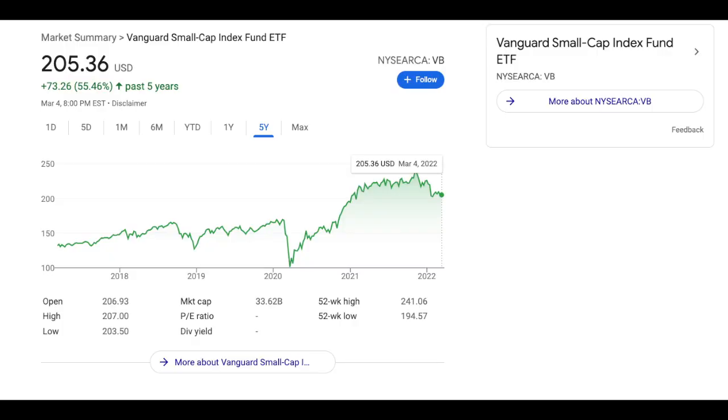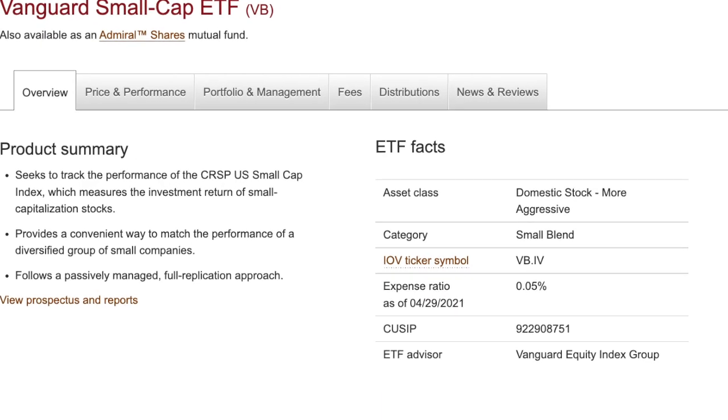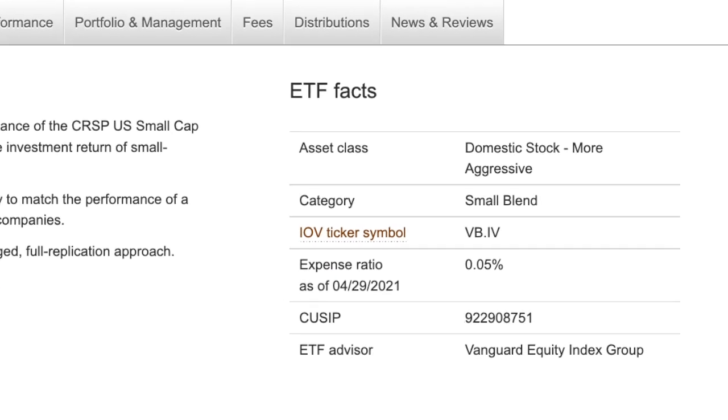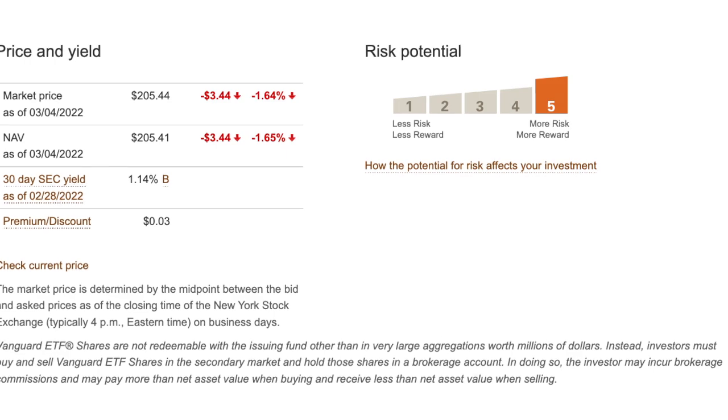So let's take a look at Vanguard's fund for investing in this space through an exchange traded fund. And that is the Vanguard Small Cap Index, ticker symbol VB. So this ETF has an expense ratio of 0.05%. And Vanguard weights this as a higher risk portfolio.